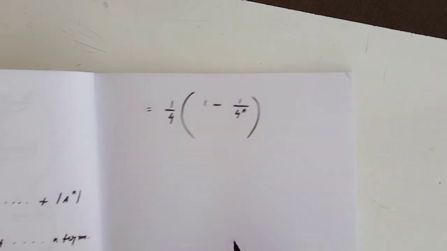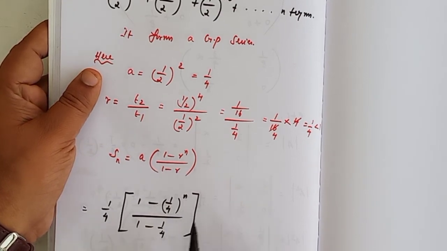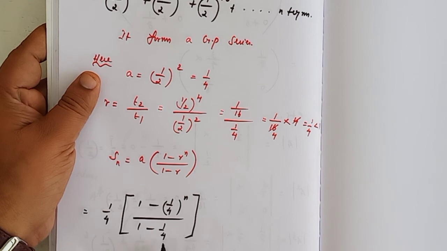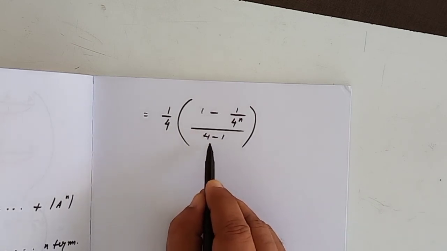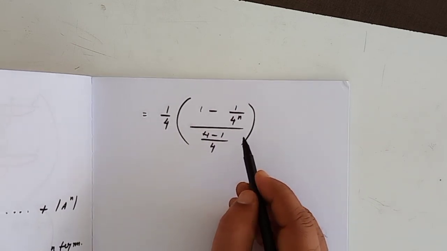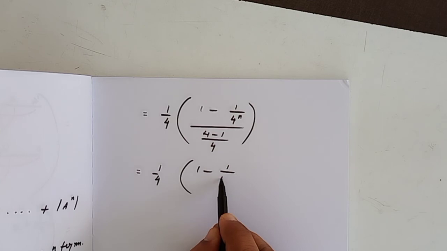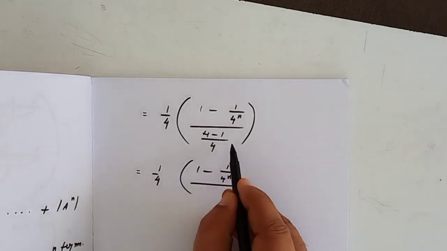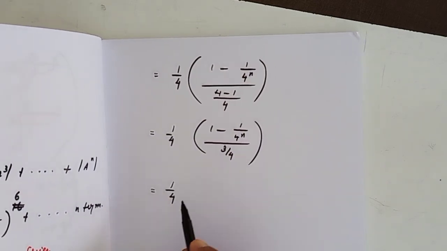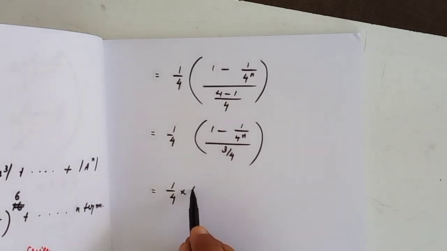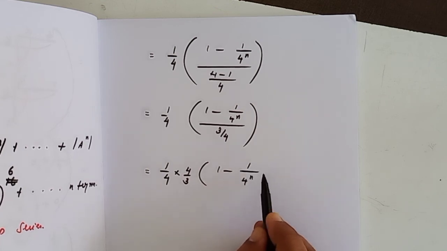Write 1 by 4 as it is, that is equal to 1 by 4 into 1 minus 1 by 4 power n, because 1 power anything is 1 and 4 power n, that is 4 power n only. Here 1 minus 1 by 4, 4 is the LCM, so 4 ones are 4 minus 1 whole divided by 4. 4 minus 1 whole divided by 4, that is equal to 1 by 4, 1 minus 1 by 4 power n divided by 4 minus 1, 3 by 4, that is equal to, write 1 by 4, division becomes multiplication, 3 by 4 reciprocal is 4 by 3 into 1 minus 1 by 4 power n.